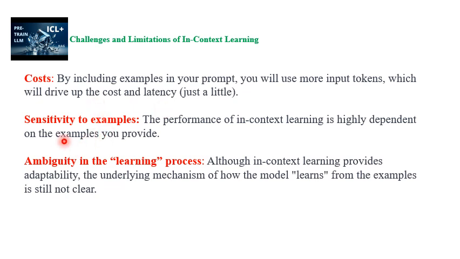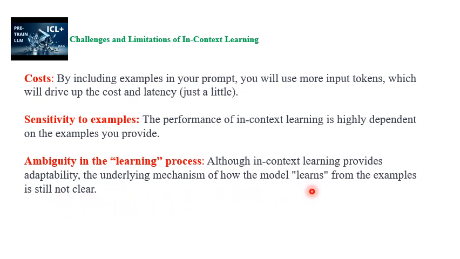We also have sensitivity to examples. The performance of in context learning highly depends on the examples you provide, and on their quality. We also have ambiguity in the learning process.